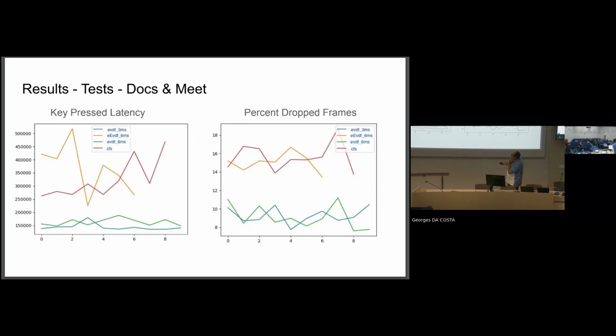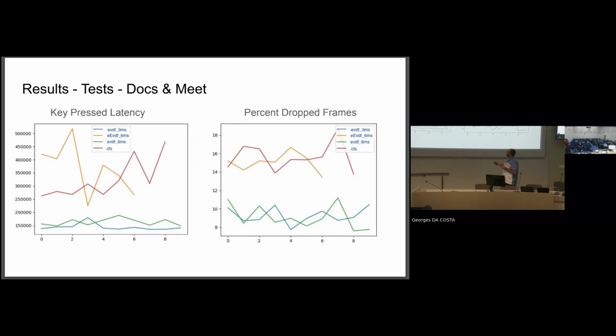We see CFS and regular EEVDF, even with 6 milliseconds base slice, end up performing about the same, and they have a latency that ranges from a little over 250 milliseconds all the way up to 500 milliseconds.